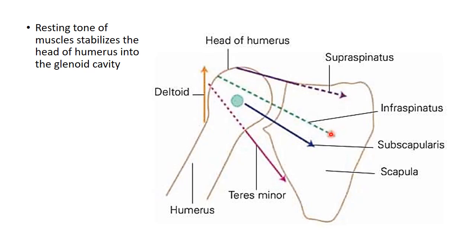During the resting state, we have no full contraction of these muscles, but they have a resting tone, a very mild contraction. What does this contraction do? It pulls the head of the humerus and holds it into the glenoid cavity. It provides further stability and further strength to the shoulder joint.